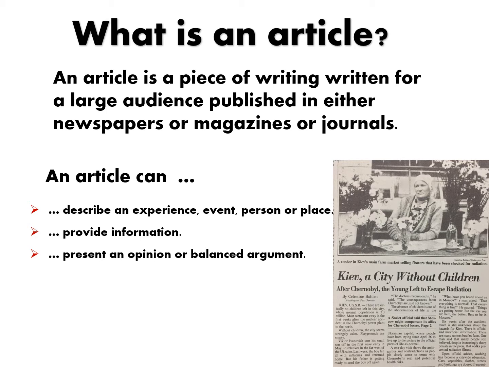It can present an opinion or a balanced argument, and a balanced argument considers both sides of an issue. That, of course, there are reasons for and against. And it offers advice, suggestions, or recommendations.